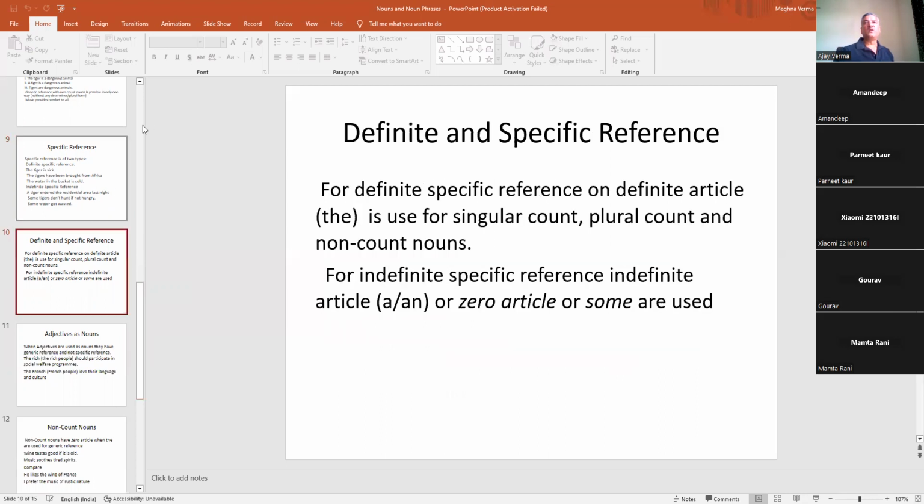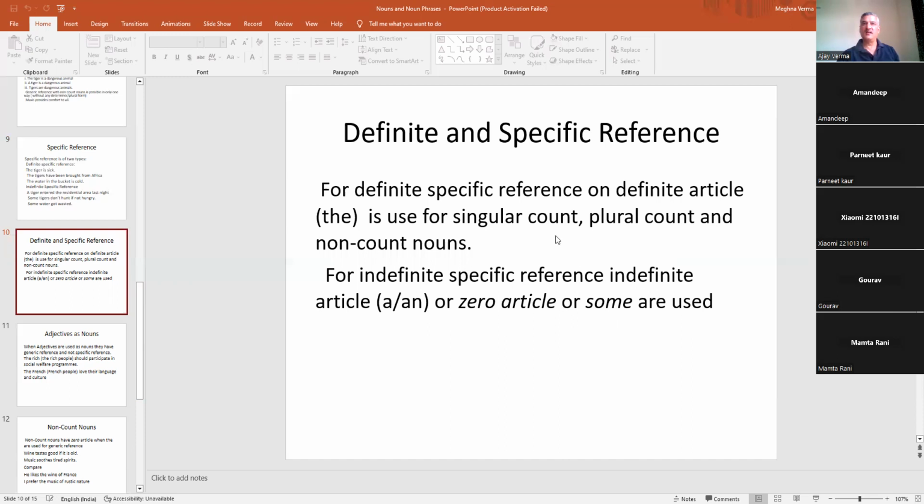Now let's look at the next, definite and indefinite specific reference. For definite specific reference, the definite article the is used for singular count, plural count, and non-count nouns. For indefinite specific reference, the indefinite article a, an, or zero article, or some are used. This we have already seen.